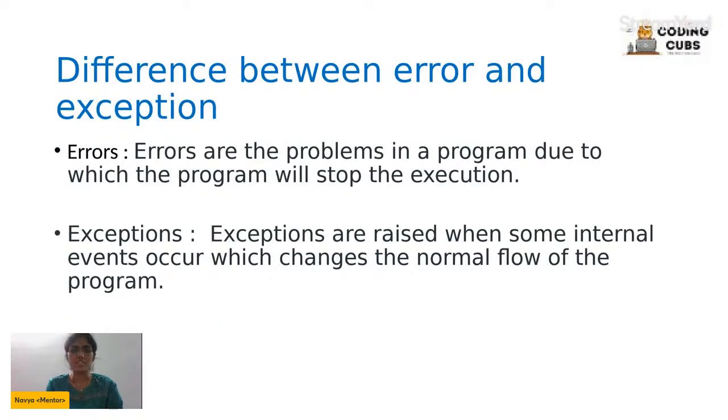Errors are problems in a program due to which the program will stop the execution. If your code has some problems, then errors occur and the program will stop the execution. Whereas exceptions are raised when some internal error occurs and it changes the normal flow of the program.